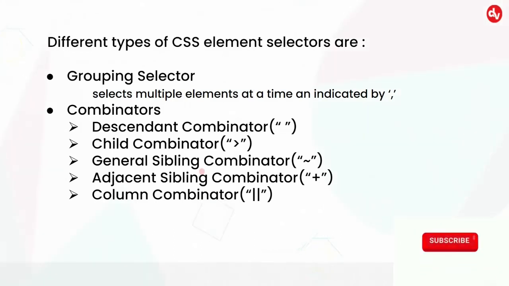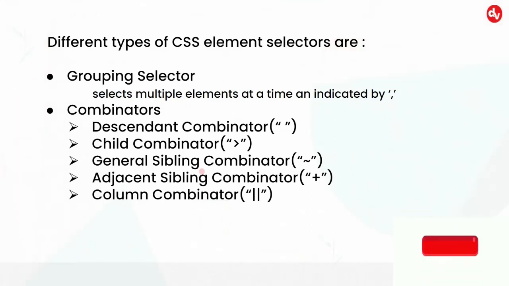Column combinator means if we want to select something which is presented in a table, like first we select elements. We have the first element, followed by the pipe symbol, and after that we have the second element, right? So the first element, we select the criteria that is matched by the first element, and then after that we go to the second elements that are matched.